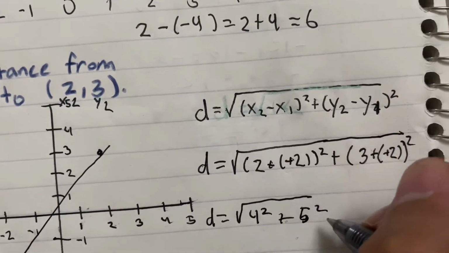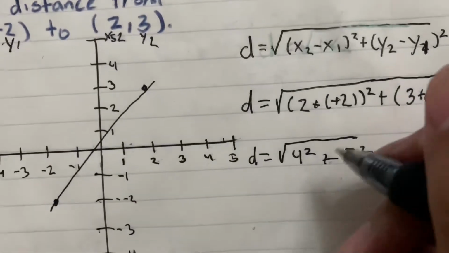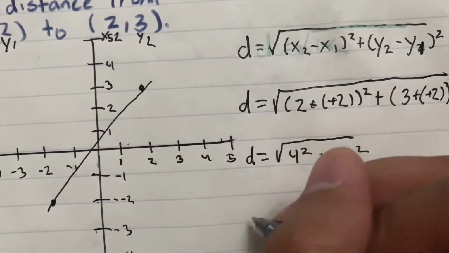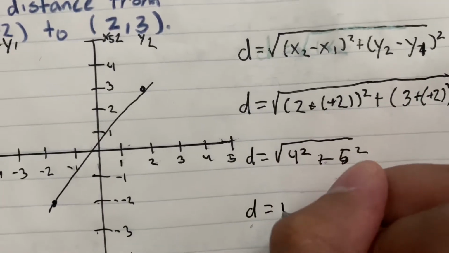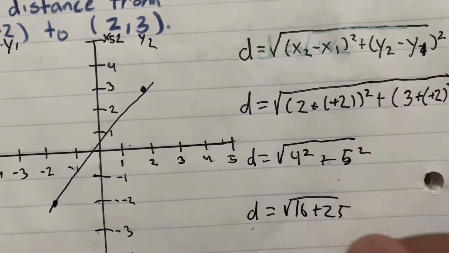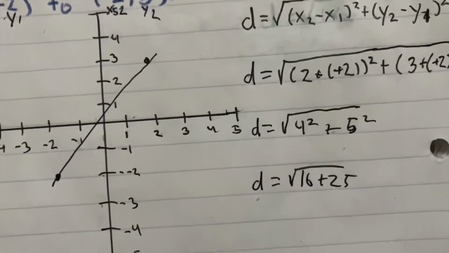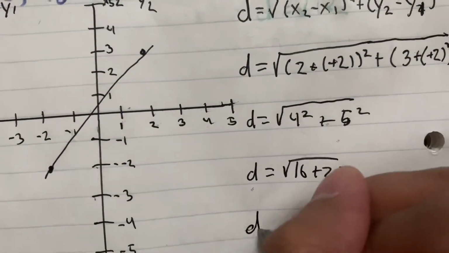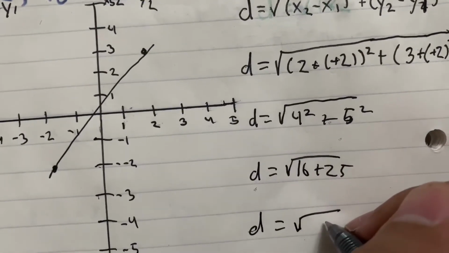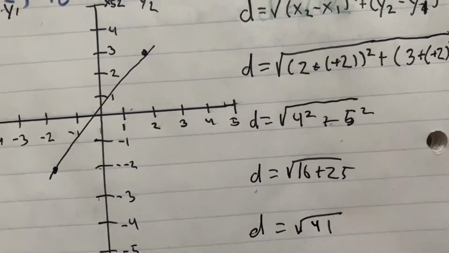Sorry, my 5 looks bad. And then you do the squares, which is D equals the square root of 16 plus 25. And after that, we add it together, and you should get the square root of 41.